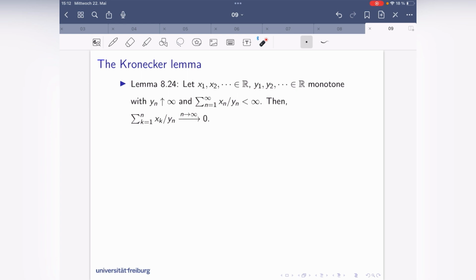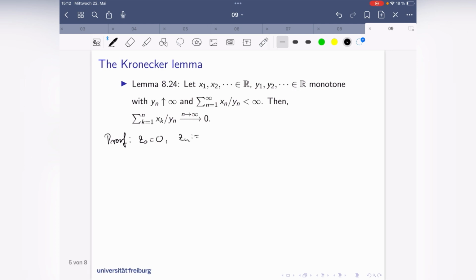Okay, let's prove this. Let's use z0 equals 0 and define recursively zn as the sum over xk over yk, k from 1 to n. Then I know from this here that it has a limit. So this converges to z infinity by assumption as n goes to infinity.